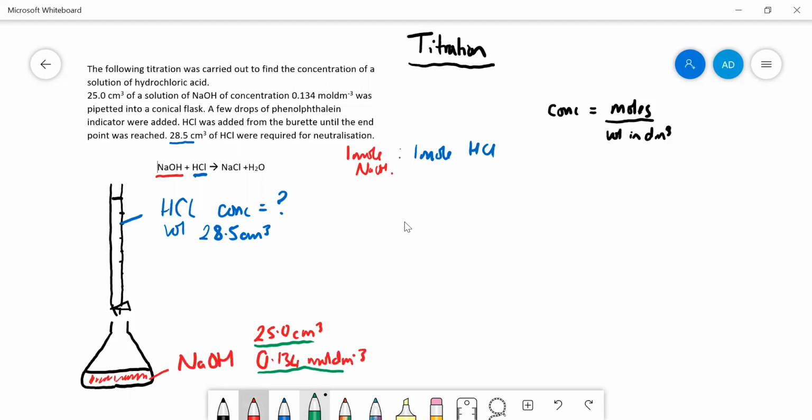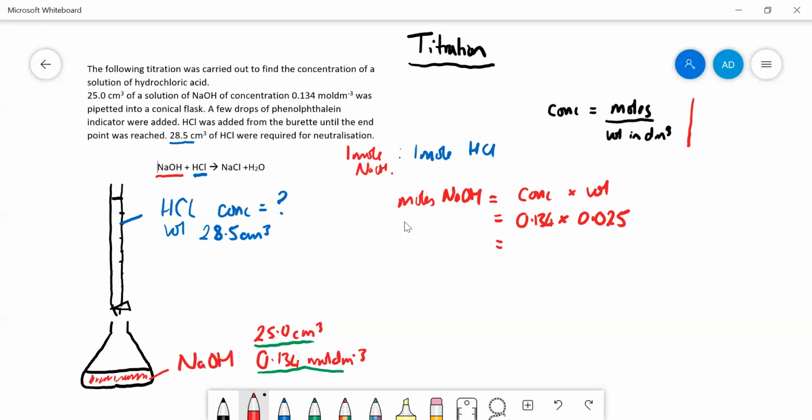Let's do that. So moles of NaOH, we need to rearrange this formula here. So moles is equal to concentration times the volume. The concentration, they tell us, was 0.134 mole per decimeter cubed. The volume, you have to be careful here, it's 25 centimeters cubed, but we need to convert that to dm cubed, divide by 1,000. That's 0.025 dm cubed.